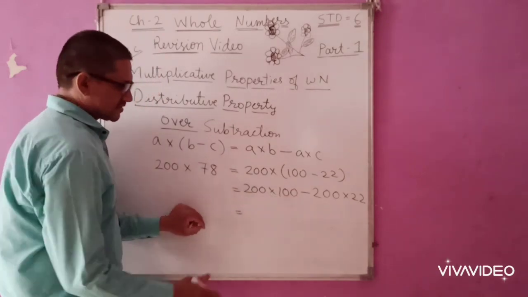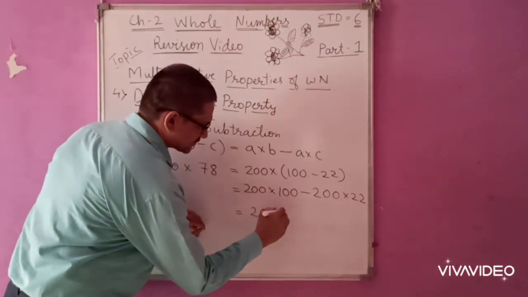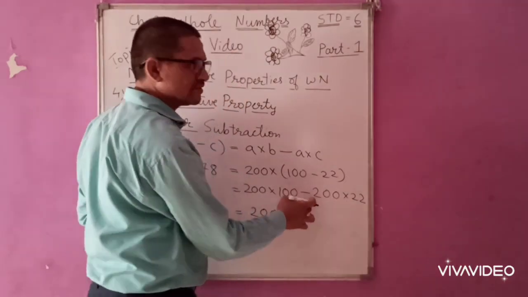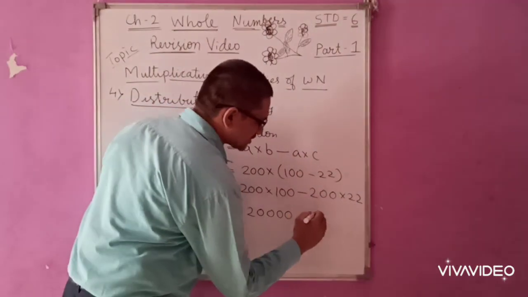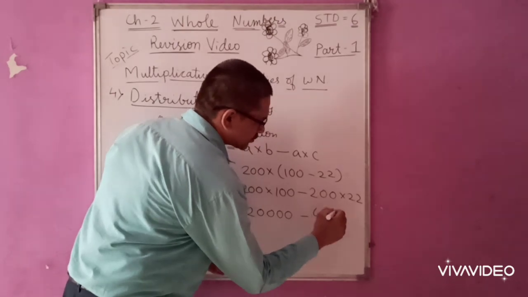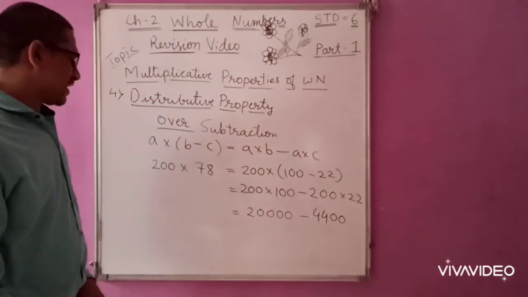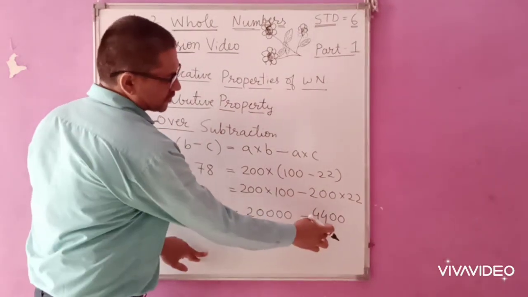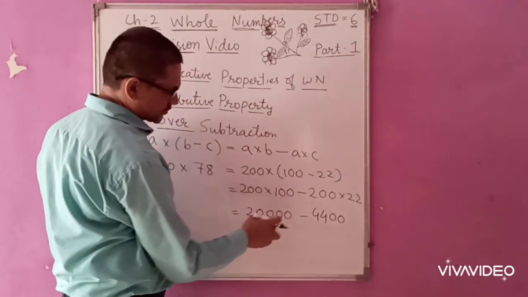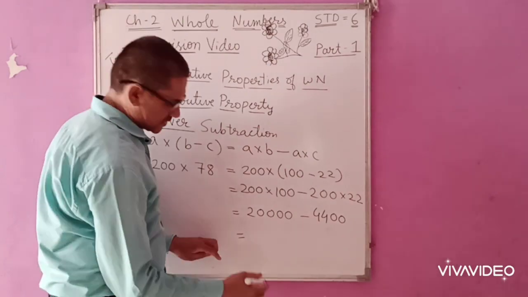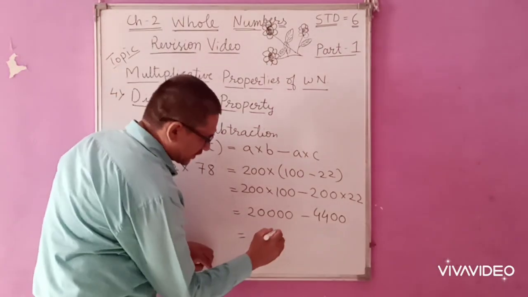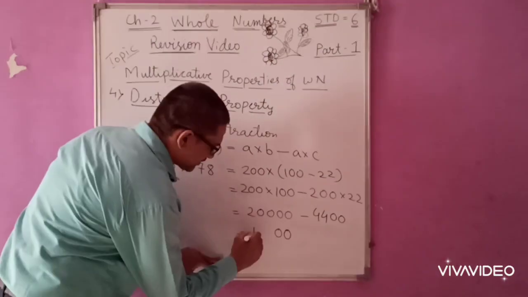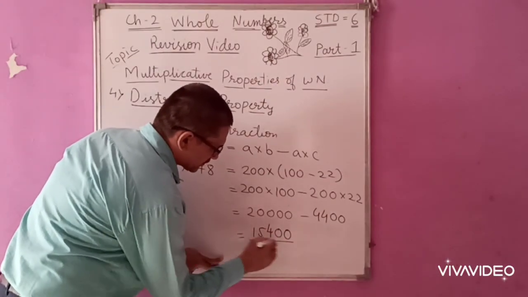200 into 100 is 20,000. Minus 200 into 22. 22 into 2 is 44, plus 2 zeros, so 4,400. Now if you subtract 4,400 from 20,000, you get 15,600.